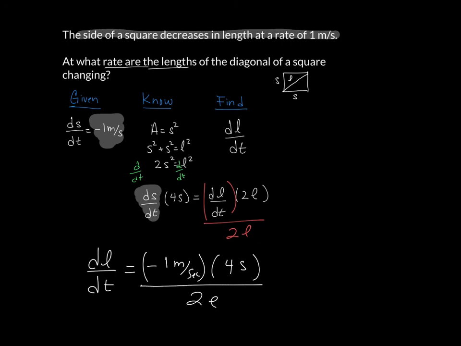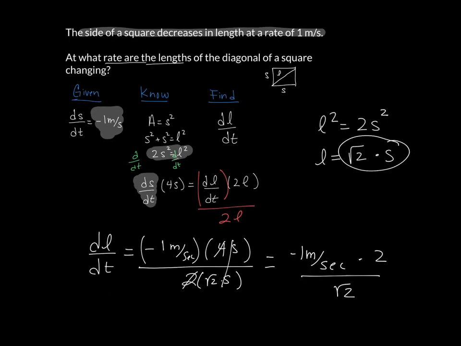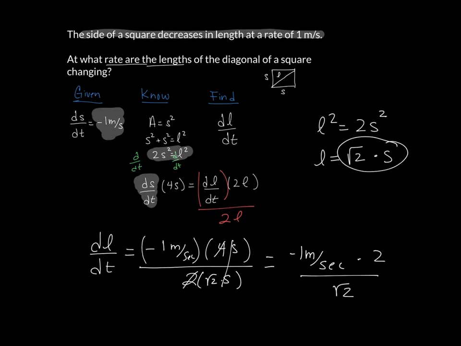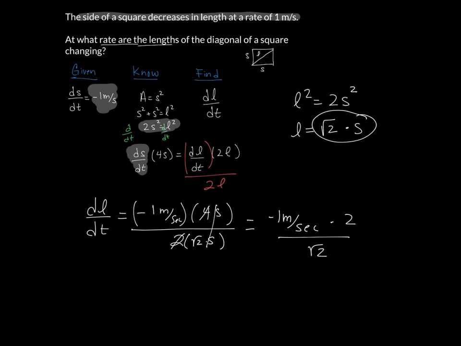Now, we don't have any lengths or anything to put in here, but what we do know is, coming back up to the very beginning, and we used this trick before, I know that 2s squared is equal to L squared, so let's go ahead and make a substitution inside there. You cannot leave it like this.